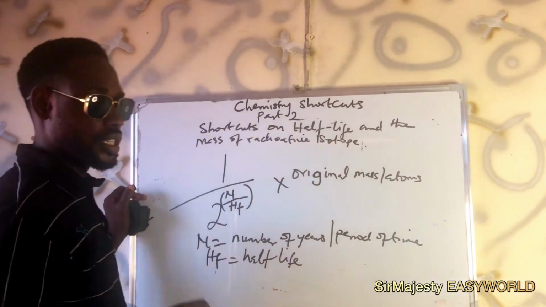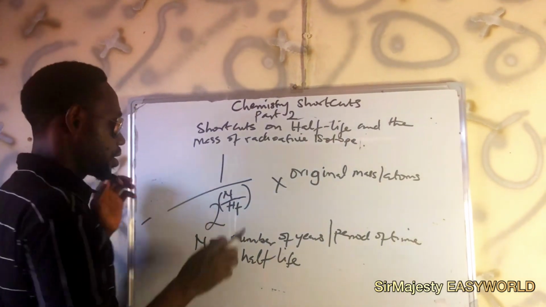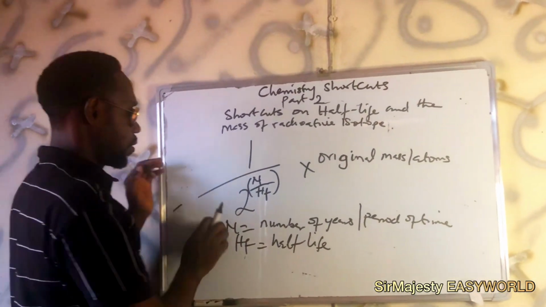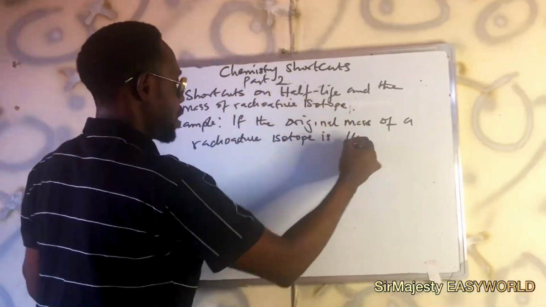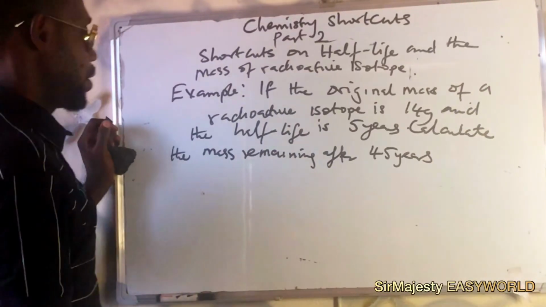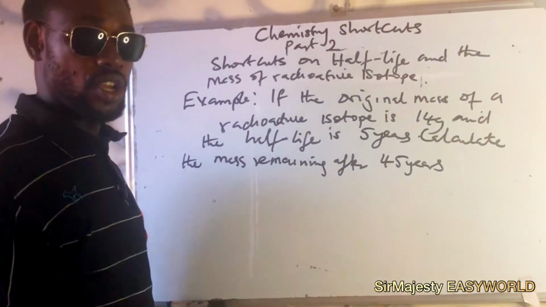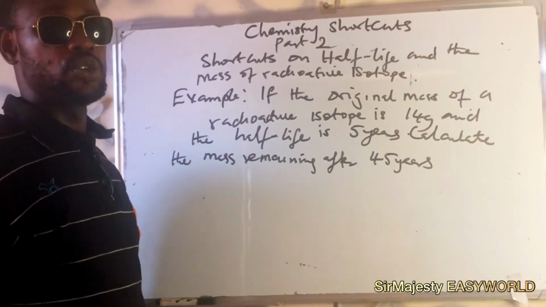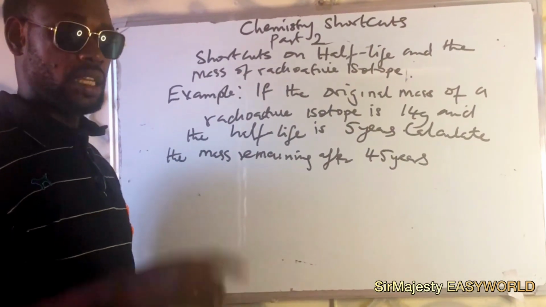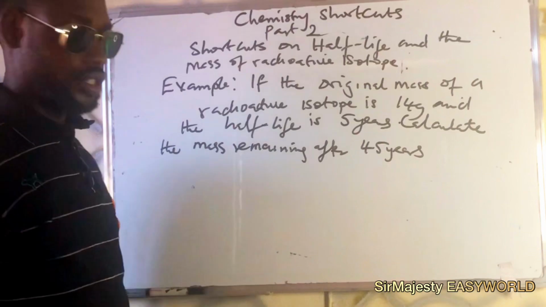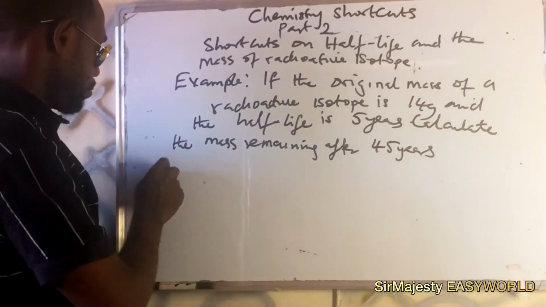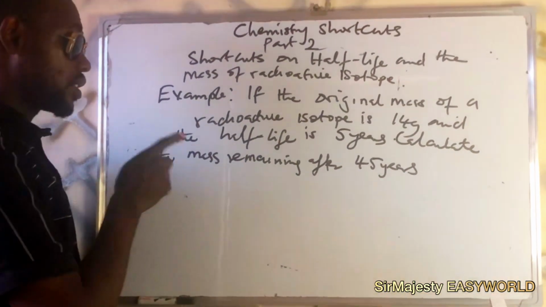So let's quickly take a look at an example, and we use this formula to solve and go our way. So here you bring our formula which says 1 over 2 raised to power n over half-life times original mass. That is mass remaining or atoms remaining.